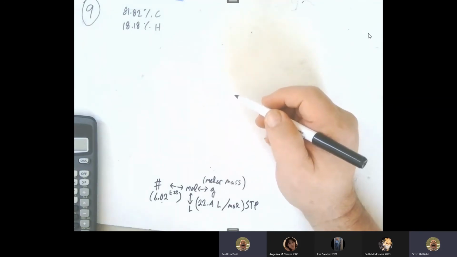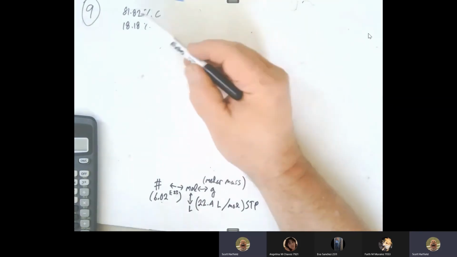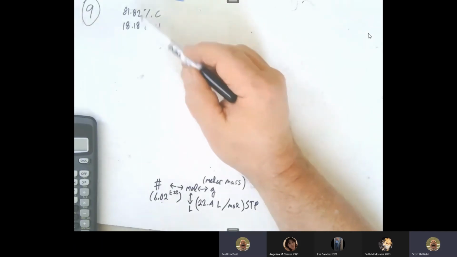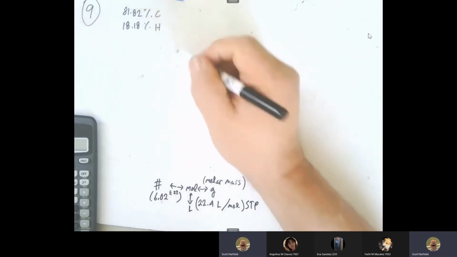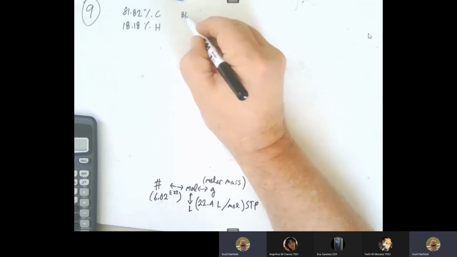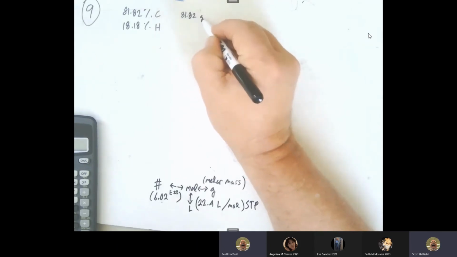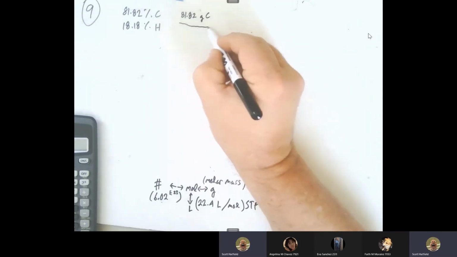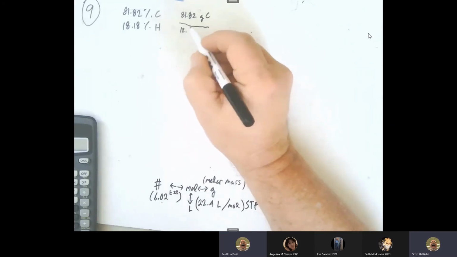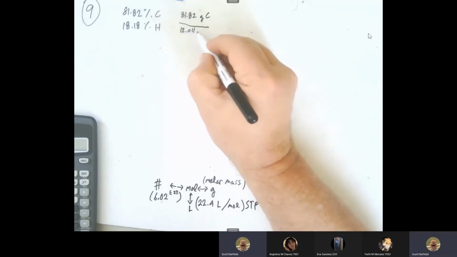Okay, so what we're going to do is take the percentages and treat them like they were grams. So I'm going to say 81.82 grams of carbon, but I'm going to divide that by the molar mass of carbon from the periodic table.